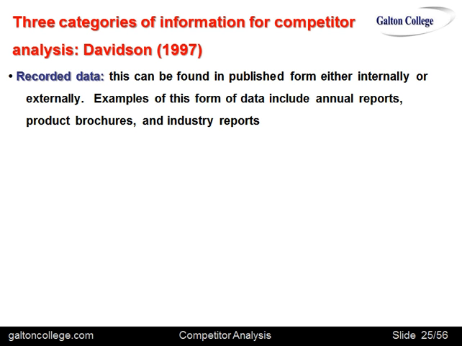So they could include annual reports or product brochures or industry reports. These are published, so an insight into what the competitors are doing may be picked up from this sort of information, which is published and perhaps easily found.